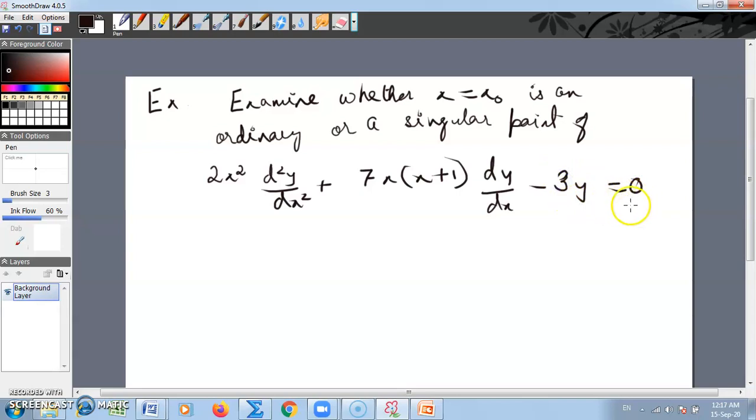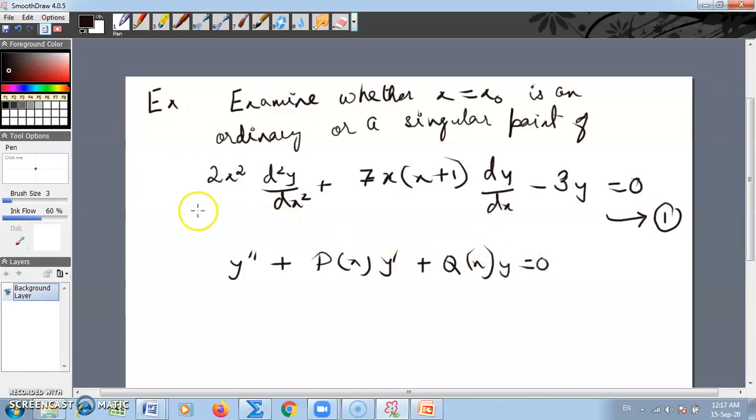So students, first let us do one thing. Let us name this one and let us compare it with the equation that we had taken to understand what was the ordinary point and singular point. So in that equation we had y double dash plus p(x) y single dash plus q(x) y is equal to 0.